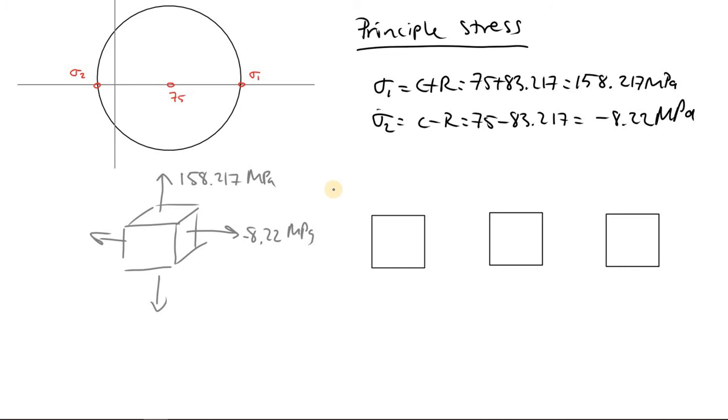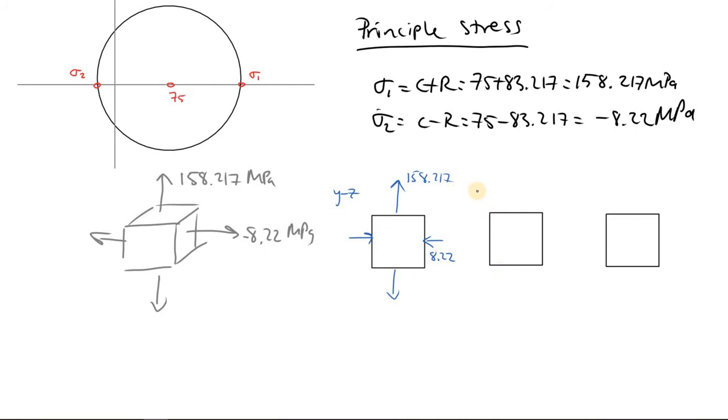So my YZ plane, but using our principal stresses. Just a note here, I used this one as a positive direction, but I noted that it was negative. In here, I'm just simply going to notify this is in compression, and then I just write it out as such. 158.217.